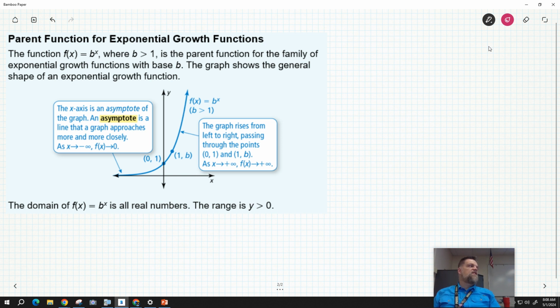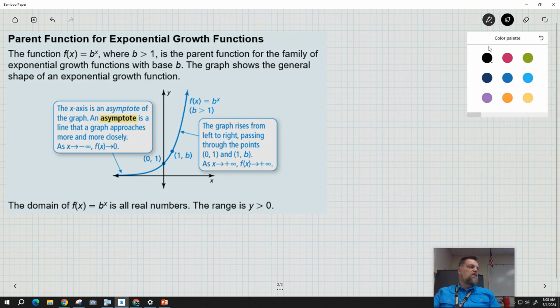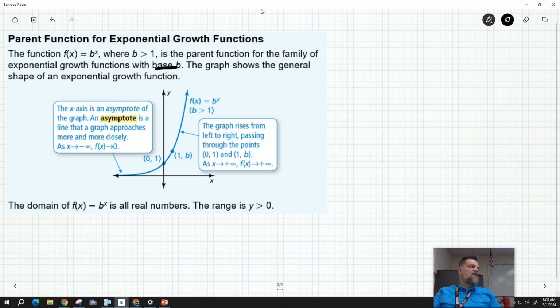In this particular case, it's just b raised to the x, where b is called the base, okay? So that's our base. And by the way, the base is the actual growth factor, okay? But it's called the growth factor if b is greater than 1, growth, because the next number will be bigger if I multiply it by something greater than 1. It could be 1.1, but that next number will be slightly bigger. It could be 10. It just depends on what's going on.